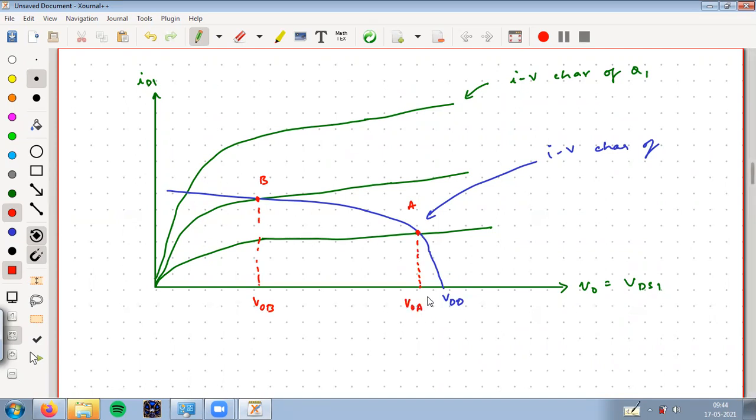Remember, they are output voltages, right? So VOB and VOA.